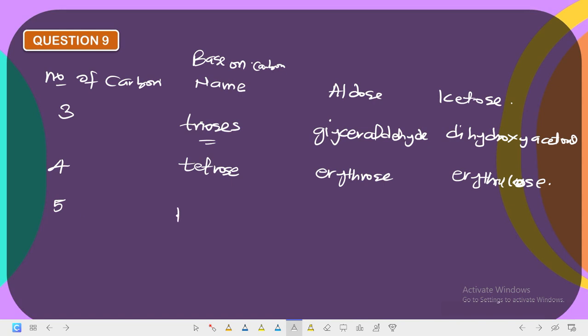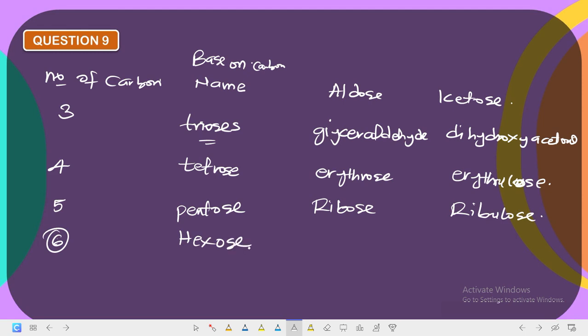Number 5, pentose. If it's an aldose, you call it ribose, while if it is a ketose, you call it ribulose. Then number 6, we have hexose. If it's an aldose, you call it glucose, while if it is a ketose, you call it fructose.